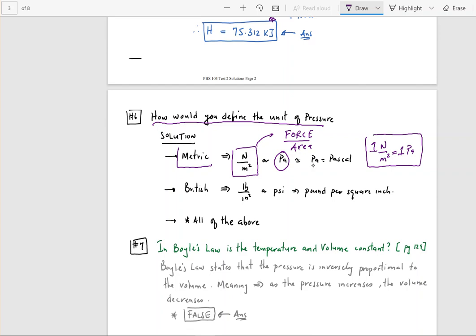When you see MPa, it means megapascal, where the M stands for mega, which is 10 to the 6. For a British unit, it's pounds per square inch, PSI. So the answer to this question is going to be all of the above.